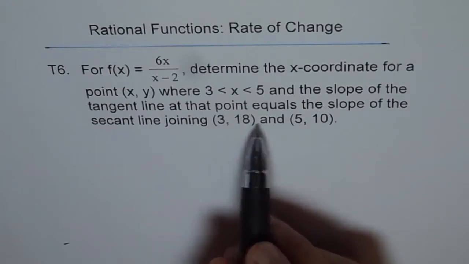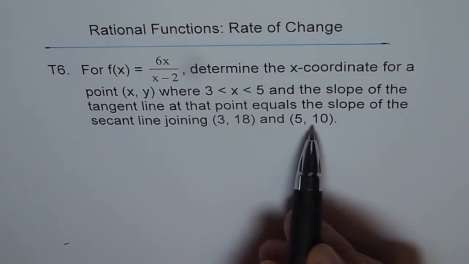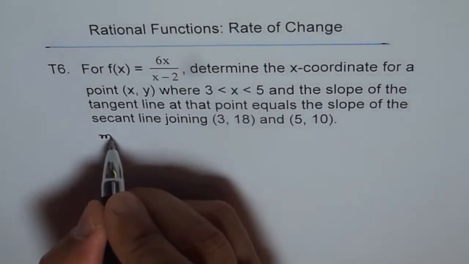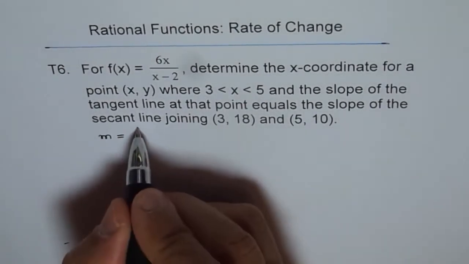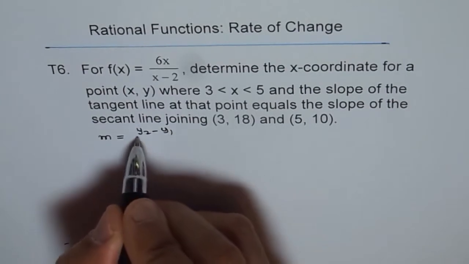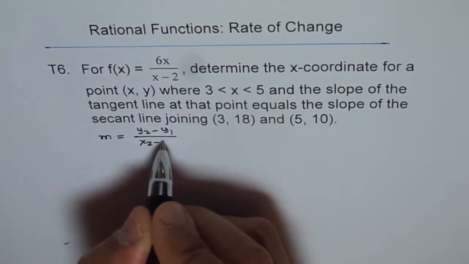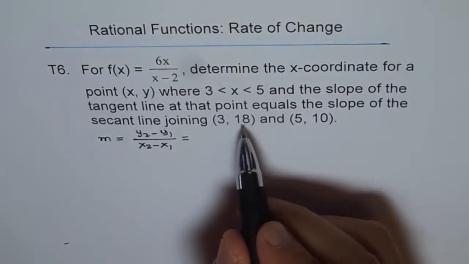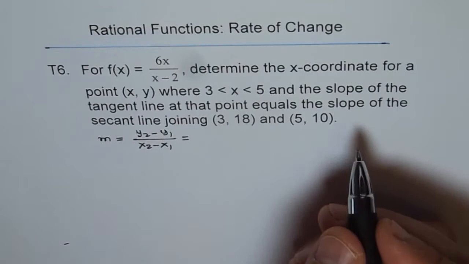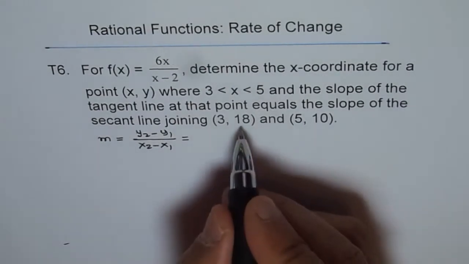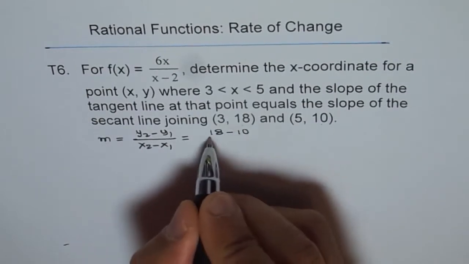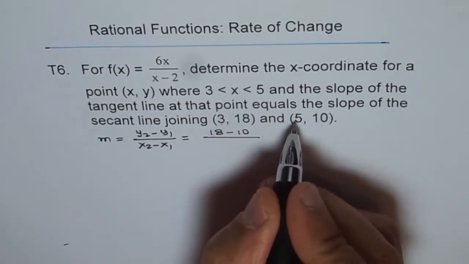Now the slope of these 2 points is very easy to find. We can find it by doing rise over run, that is y2 minus y1 over x2 minus x1. Let's take this as y2, the bigger value. It could be anything, right? So y2 minus y1 means 18 minus 10 divided by 3 minus 5.